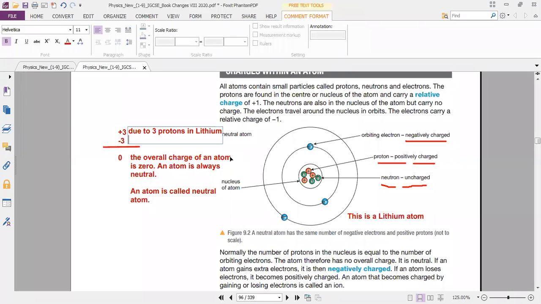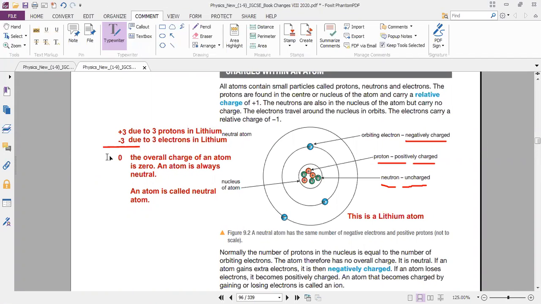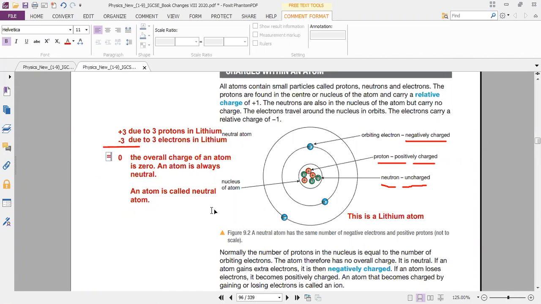This -3 is due to 3 electrons in lithium. And if we add them, it comes 0. Remember.